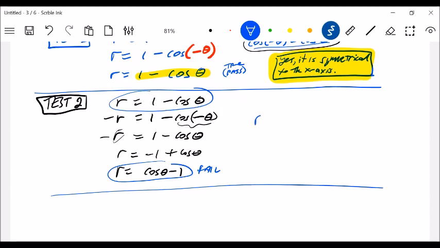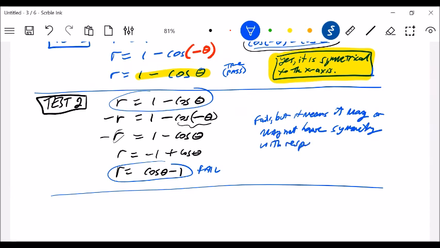So what we say is fails, but it means it may or may not have symmetry with respect to the y-axis.